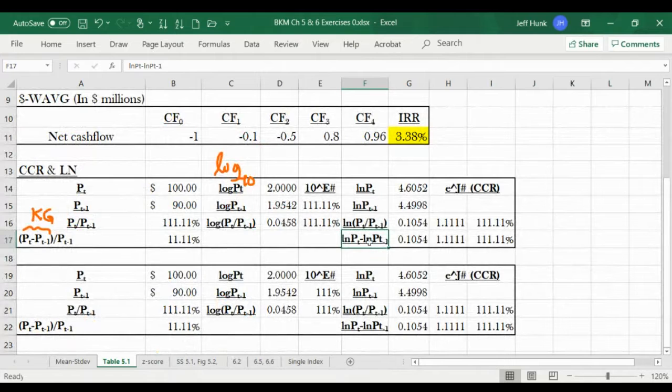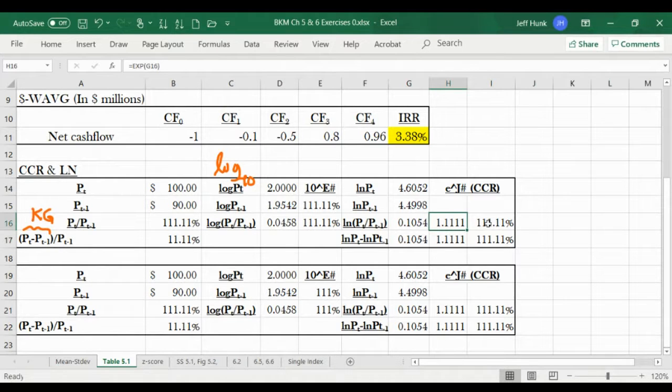So using that rule, even if it is common log, it would give you the same result. So here, I got this, and I can predict, if I subtract common log of PT minus common log of PT minus 1, I will get the same result here.